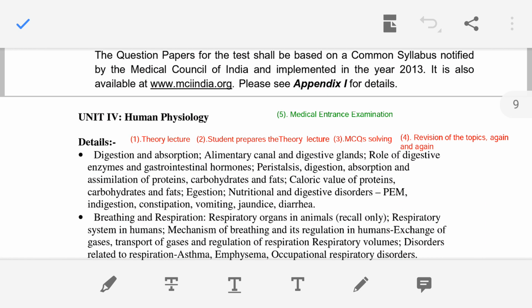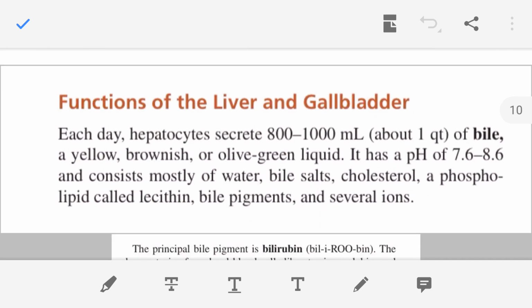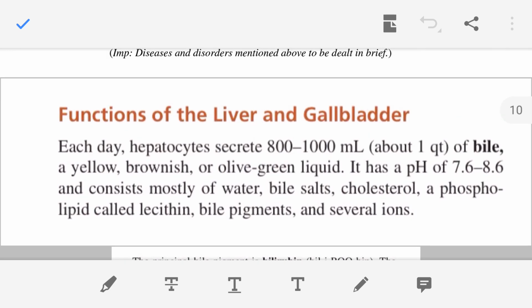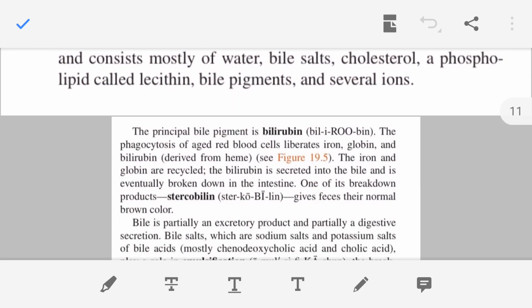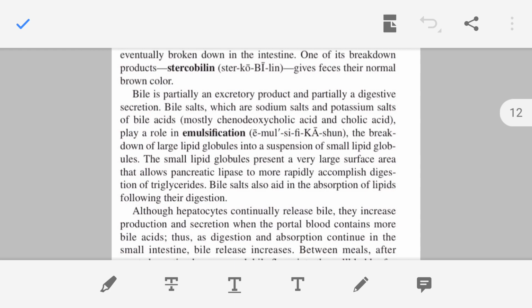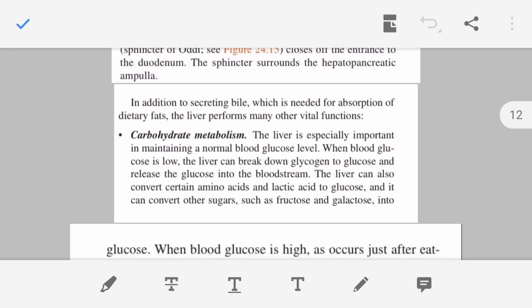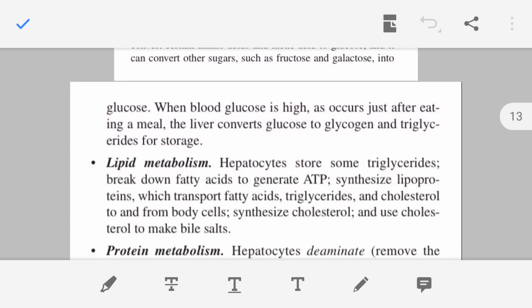Now, as far as today's topic is concerned, this is the theory notes of today's topic. I am showing the entire lecture. So this is the entire lecture.